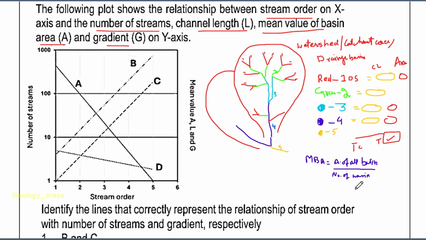With respect to stream order, what is the formula?